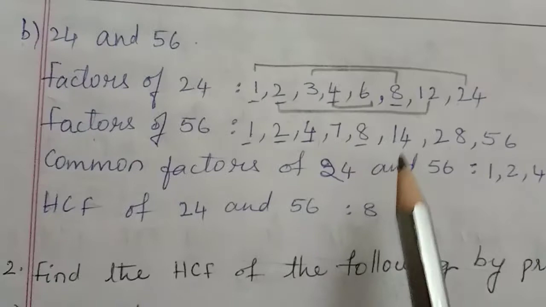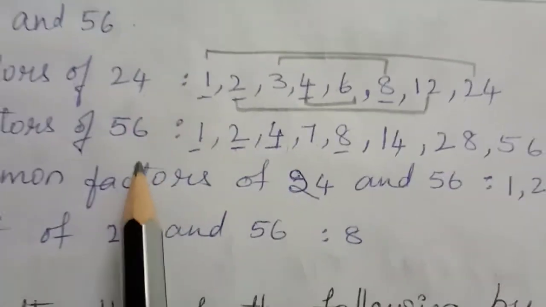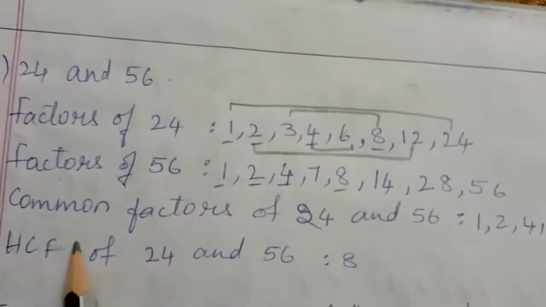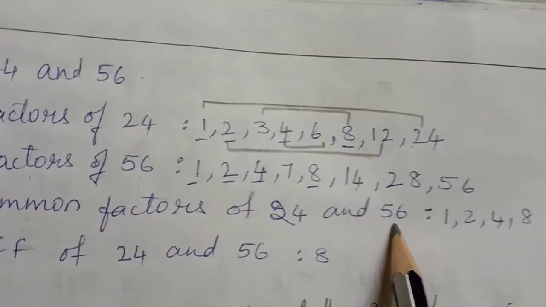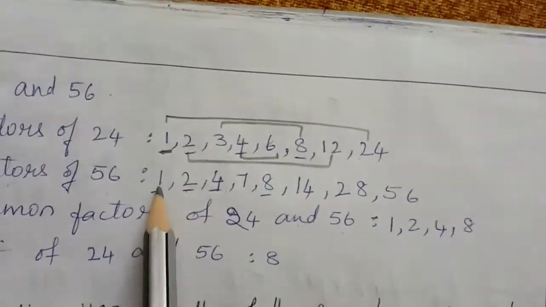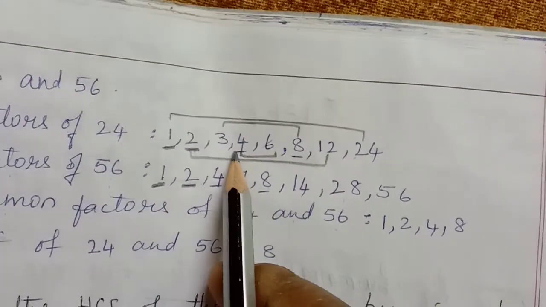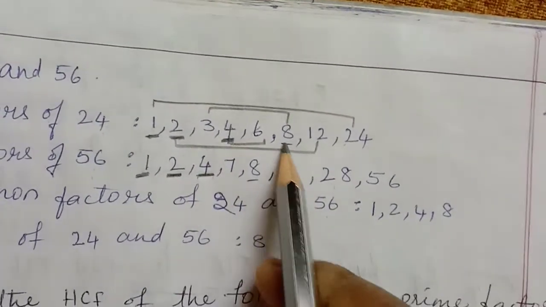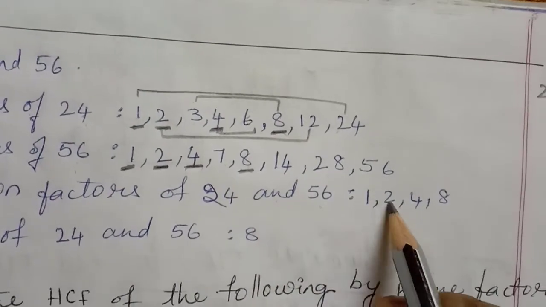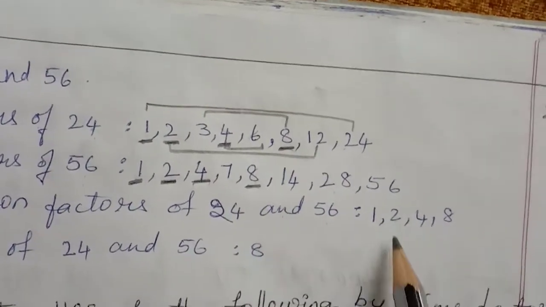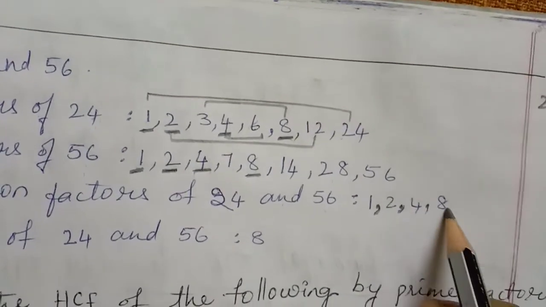Is it clear? Now, after writing factors of 24 as well as 56, we will write common factors of 24 and 56. First, we will check what are common. 1 is repeated in both, 2 is repeated, 4 and 8. Okay, these are common. So we are going to write all the factors which are common: 1, 2, 4, 8.